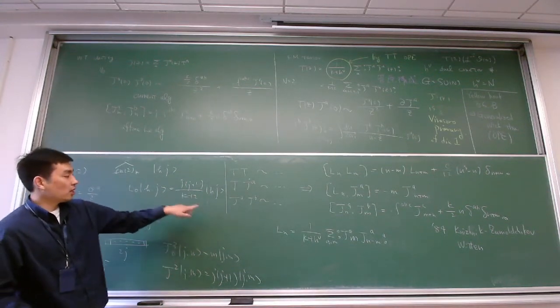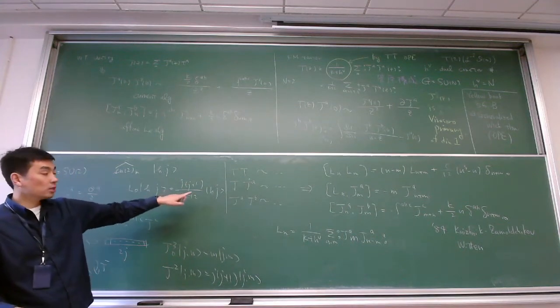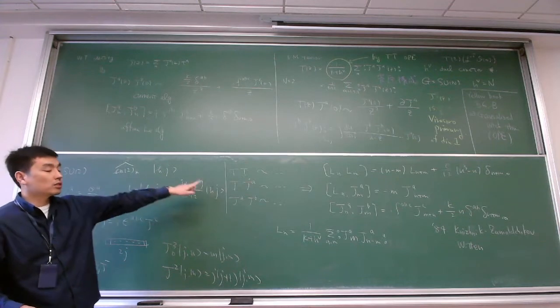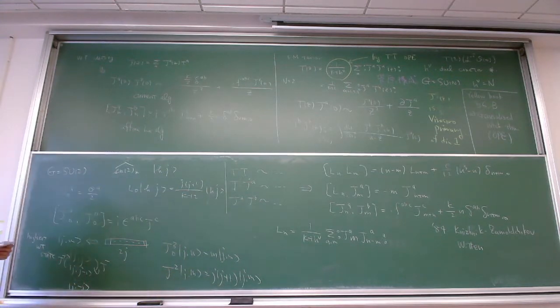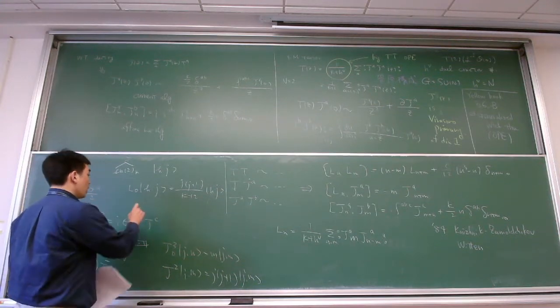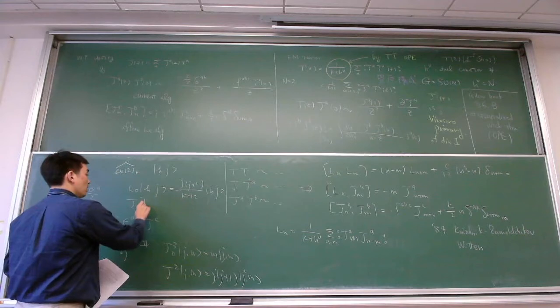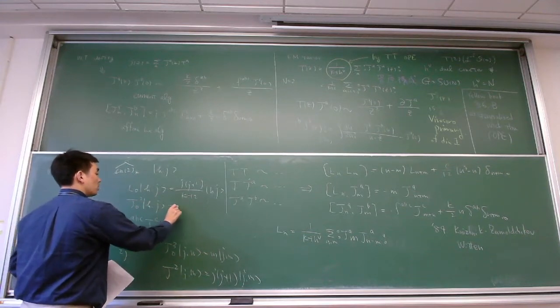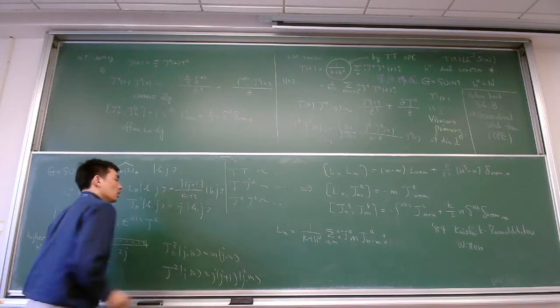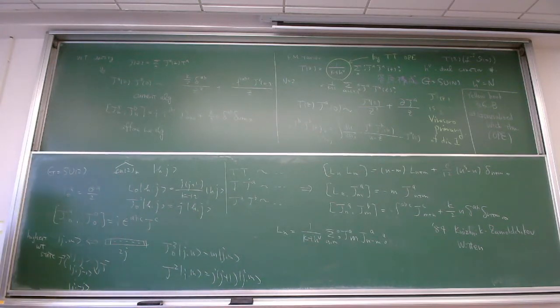And then the overall factor k plus 2, and L0 acts just as a constant. J_0^3 acts on |h_j> with eigenvalue j. So that's the highest weight state.